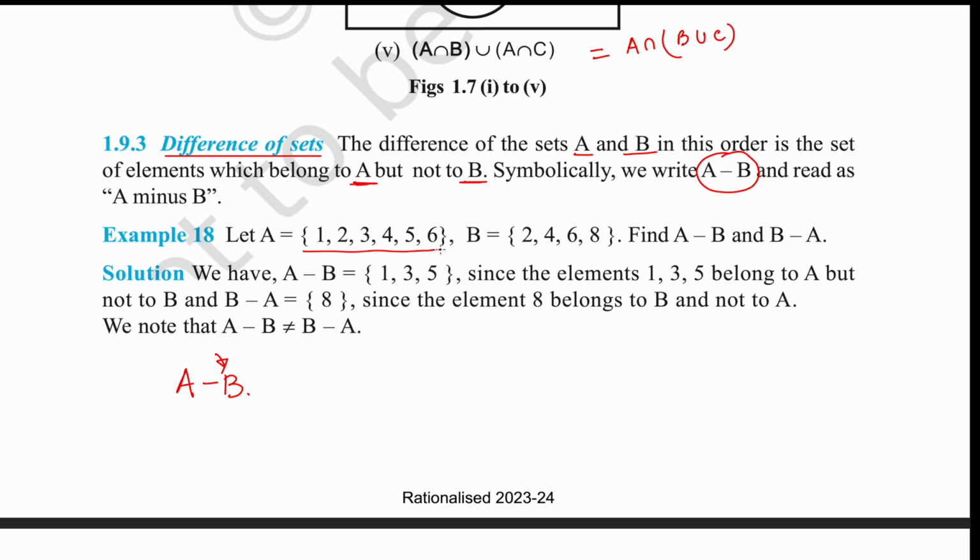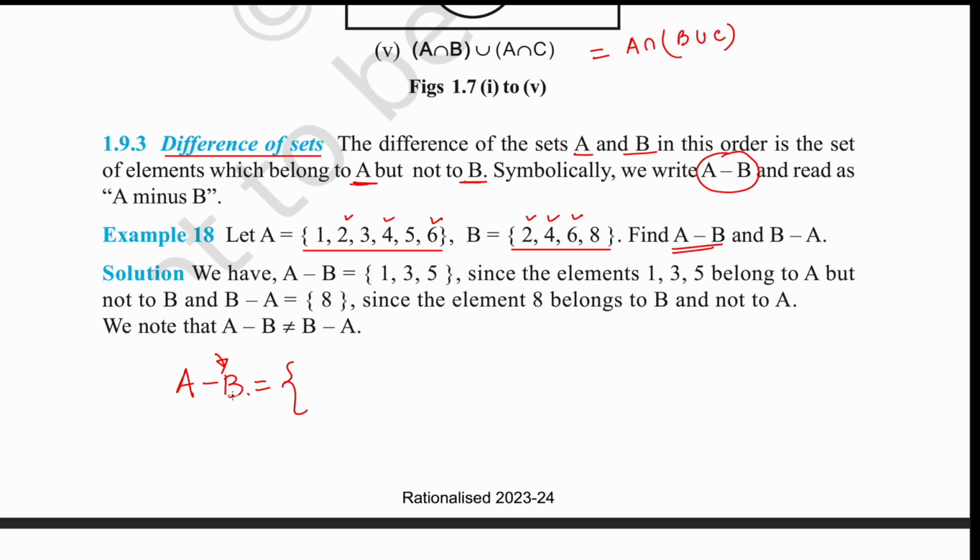Suppose this is a set A and this is a set B, and we are trying to find A minus B. So in the A minus B set, we are going to have all the elements which are there in A but not in B. So which are the common elements between the two sets? You have 2 common, 4 common, and 6 common between the two sets.